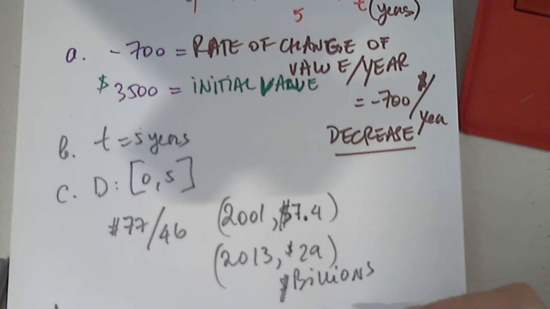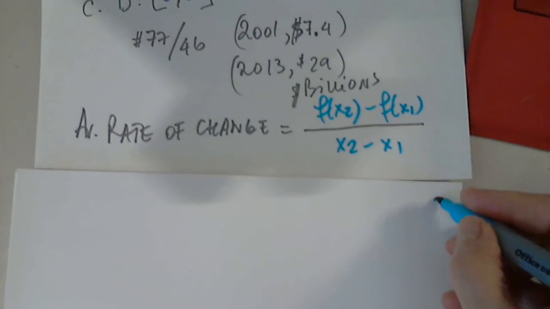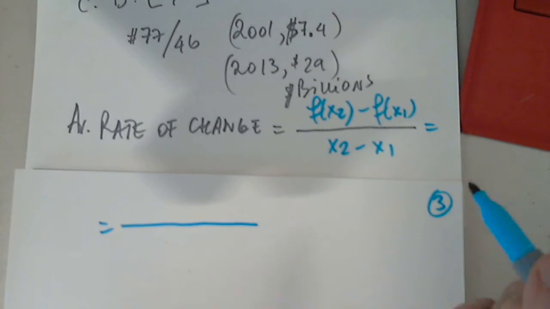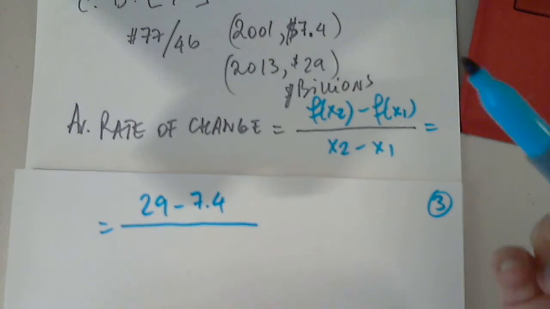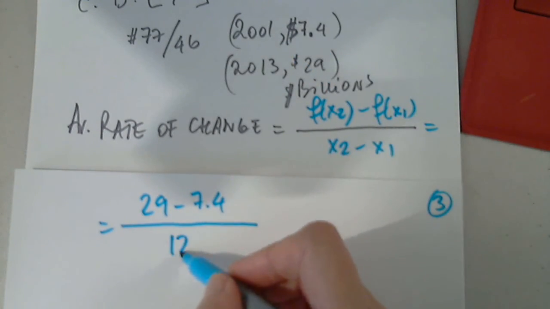Isn't it f of b minus f of a? Correct. Very good. F of x2 minus f of x1 over x2 minus x1. Perfect. Thank you. So the numerator will be 29 minus 7.4, and the denominator 2013 minus 2001 is 12 years.